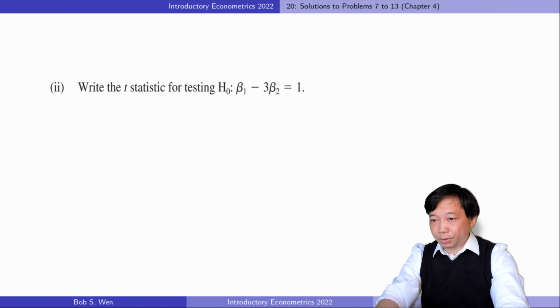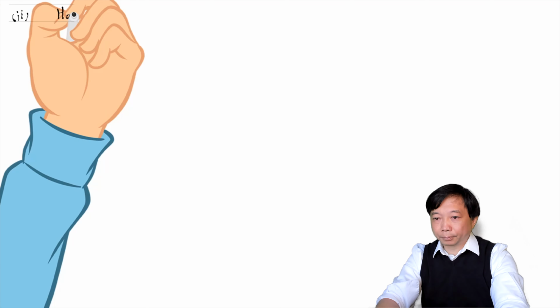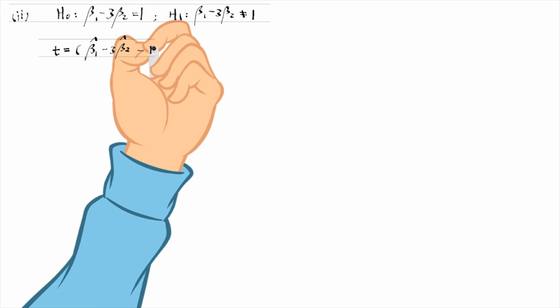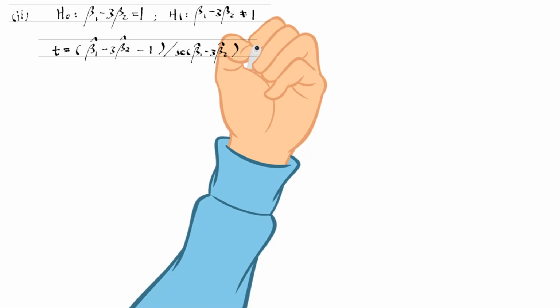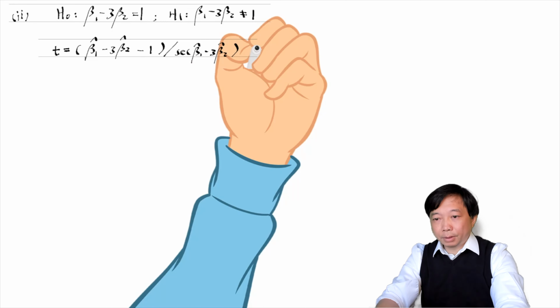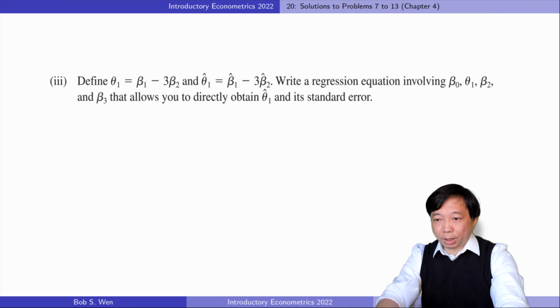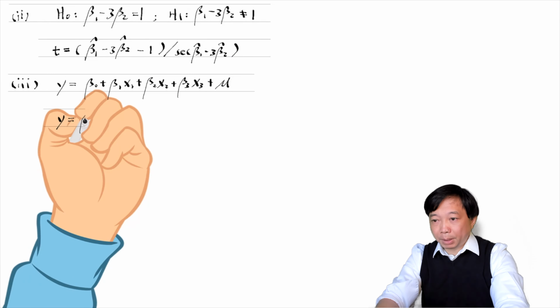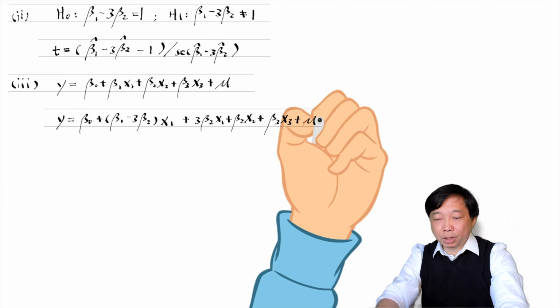The second question is to write the t-statistic for the test. The third question is to rearrange the equation and define a new parameter, theta 1, to represent the linear combination, beta 1 minus 3 times beta 2.